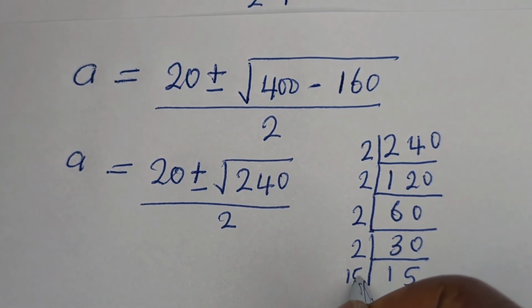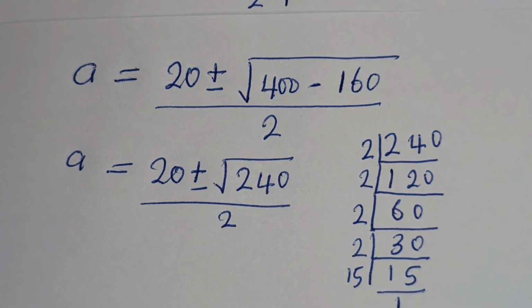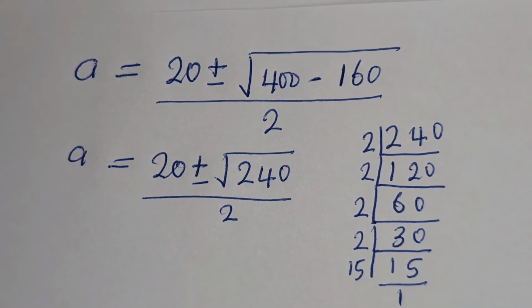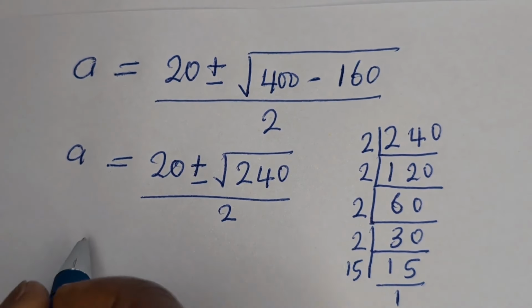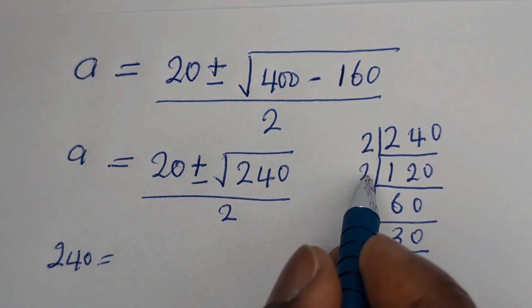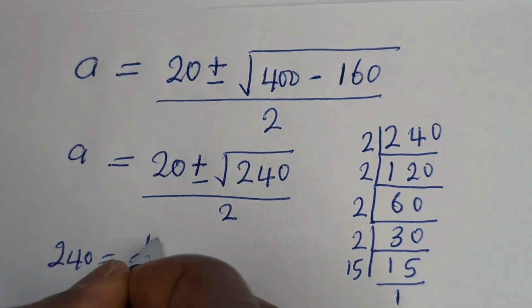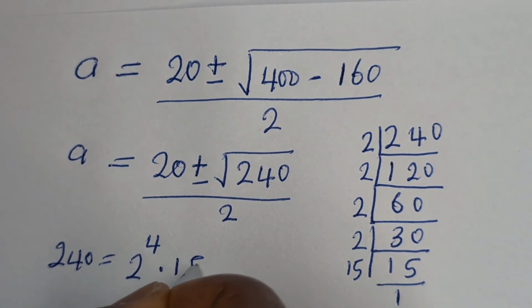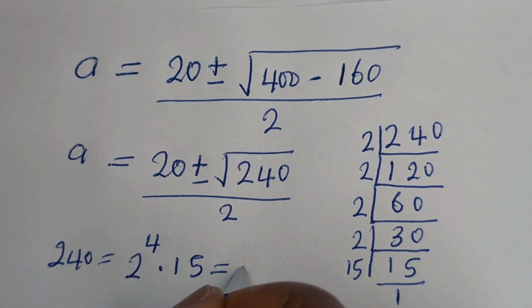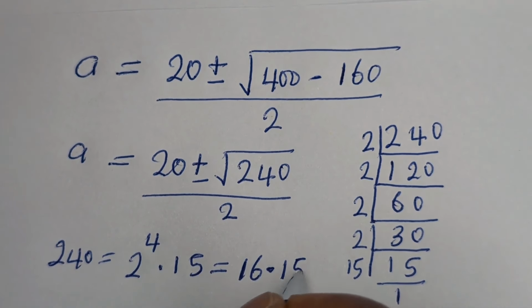And here is 15, 1. Therefore, 240 is equal to 2 times 2, 4, times 2, 8, times 2, 16. That is 2 raised to power 4 multiplied by 15. This is equal to 16 multiplied by 15.